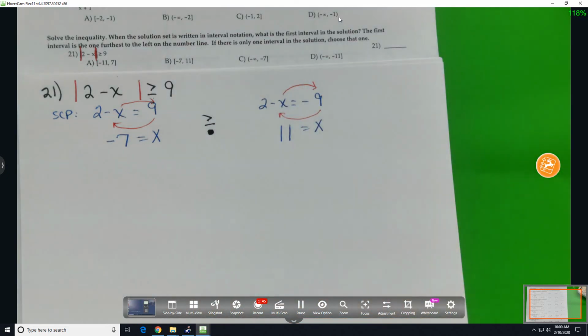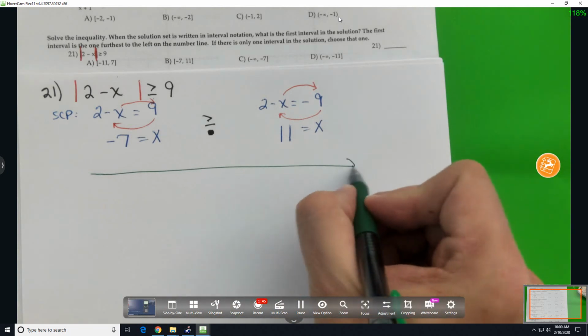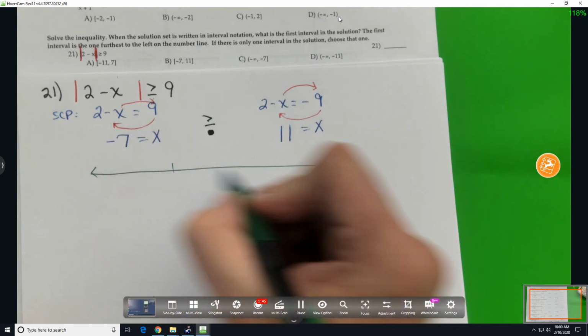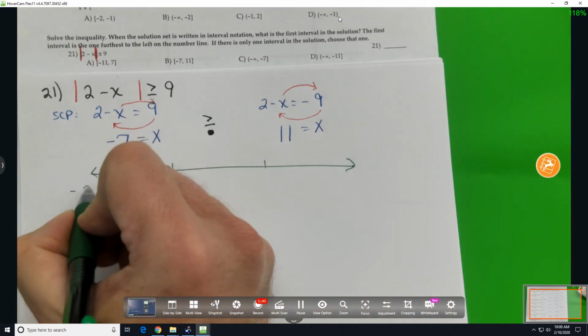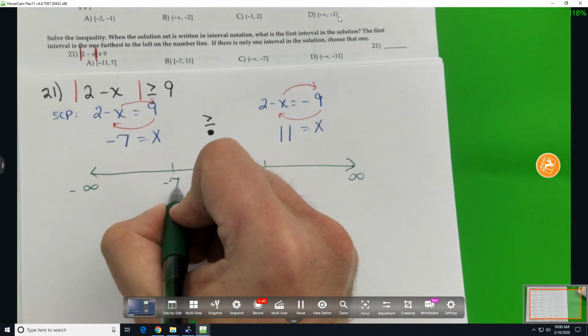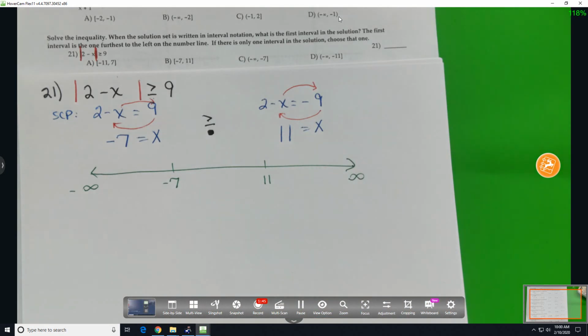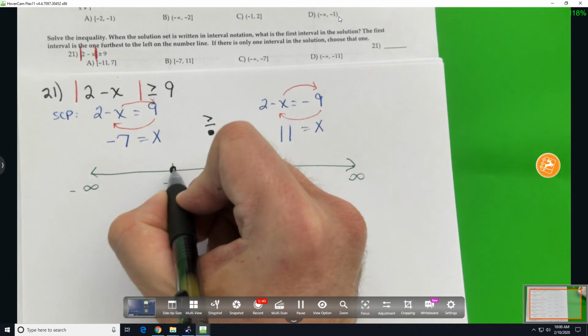Draw a number line and test those intervals. So a -7, +11, closed circles.